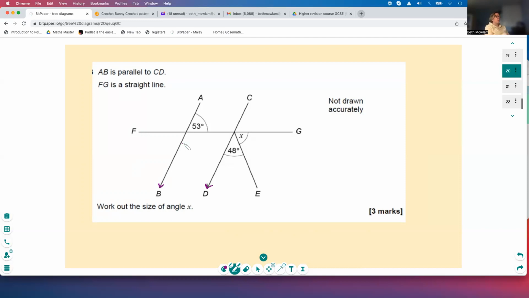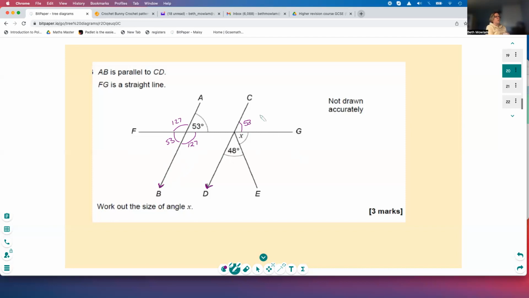So some of them will be going, oh, do you know what? I've got a straight line here. I can work this one out. So 180 minus 53 is 127. Well, I know opposite angles. So they might start with this and they go, hang on a minute, look, I've got corresponding angles. So I also know this one is 53.